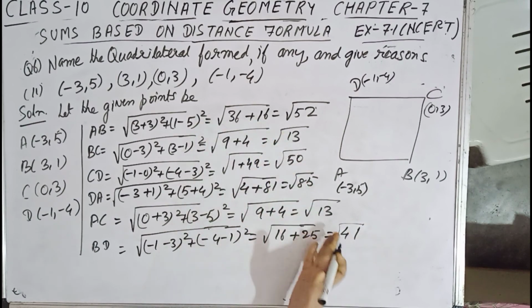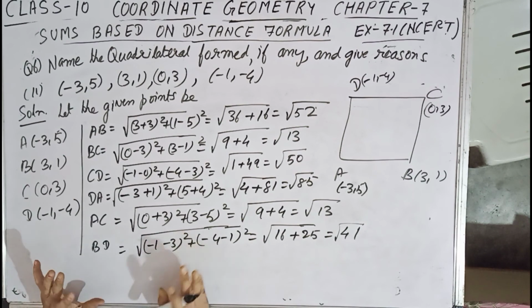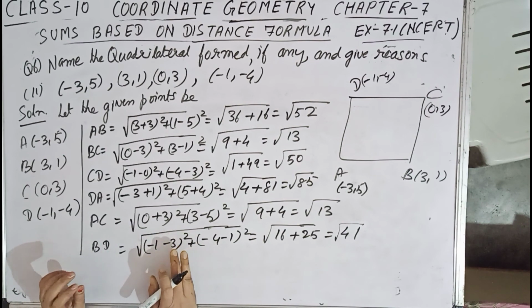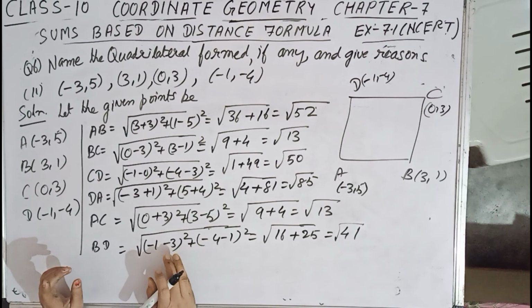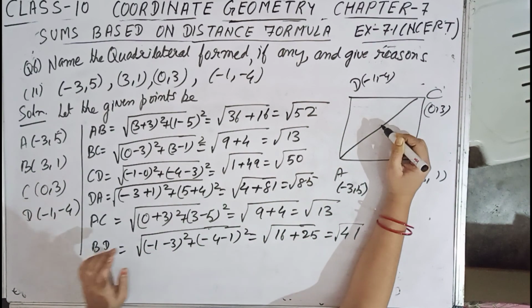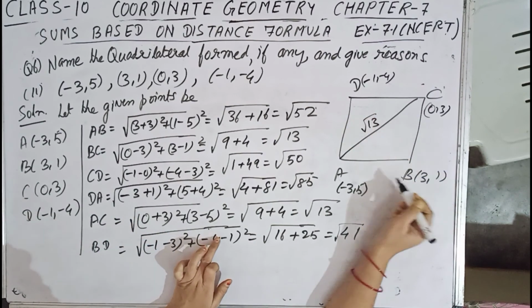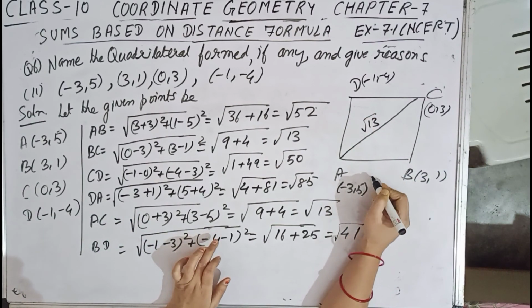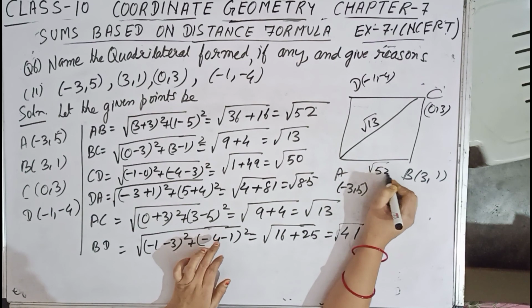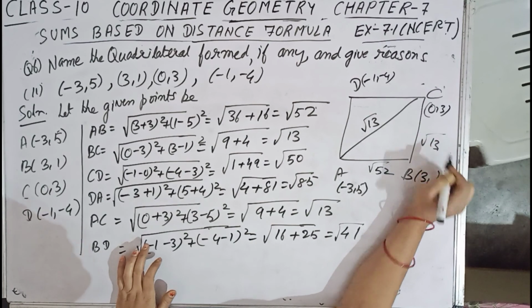Now here we see that none of the properties are coming. Even then, let us find whether this quadrilateral is possible or not. We can see over here that AC length is coming to be the square root of 13. AB length is coming to be the square root of 52. BC length is coming to be the square root of 13.